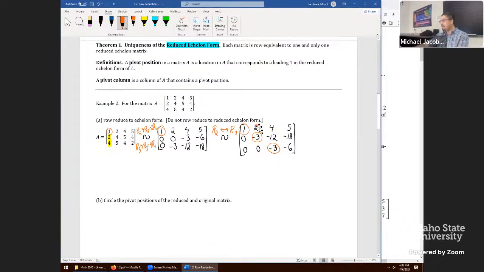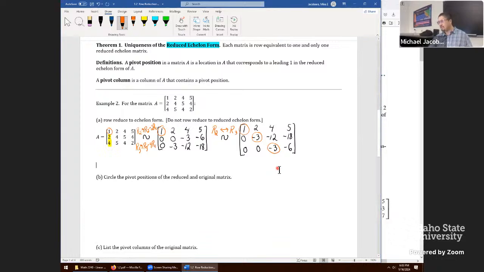We're not eliminating the entries 2, 4, -12 because we're not going for reduced echelon form, just ordinary echelon form. And again, this would be a hint on a real exam. Do not row reduce to reduced echelon form. Sometimes I write in those statements on exams only to help people save time, because you can answer the question right here. There's no reason to do any further row operations at this stage. Well, we got it, folks. That's our echelon form. Any questions about it at the moment?